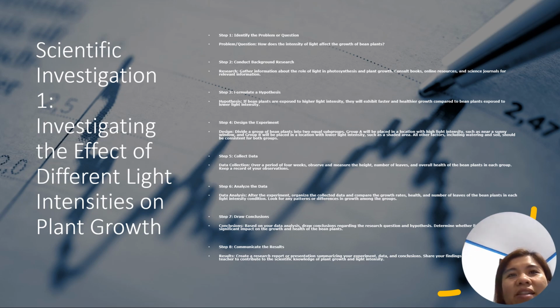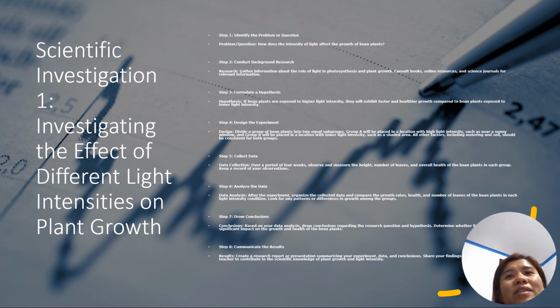Then step 8, communicate the results. Create a research report or presentation summarizing your experiment, data, and conclusions. Share your findings to your classmates and teacher to contribute to the scientific knowledge of plant growth and light intensity.